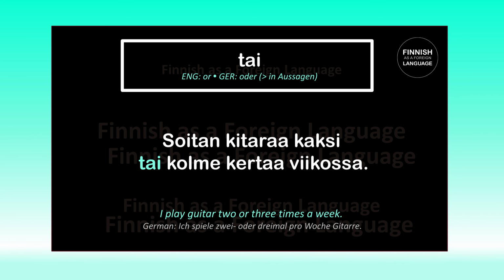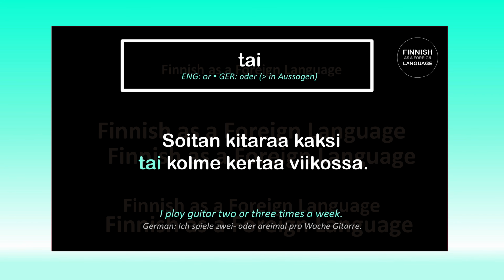Let's go step by step. Soitan means I play. It's the first person singular present tense of the verb soittaa, which here means to play an instrument. The instrument is the guitar. So gitaraa in Finnish. Here we use the partitive case because of the verb soittaa. 2 tai 3 kertaa means 2 or 3 times, and viikossa literally means in the week.